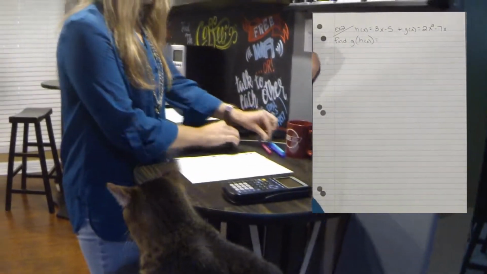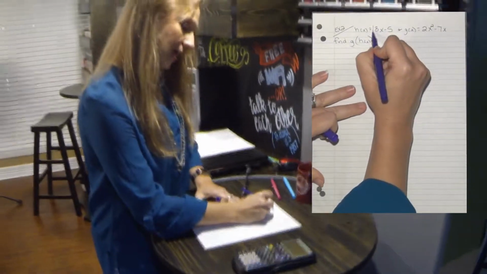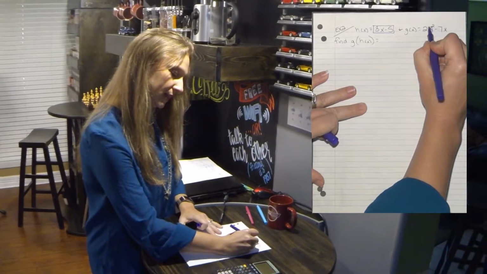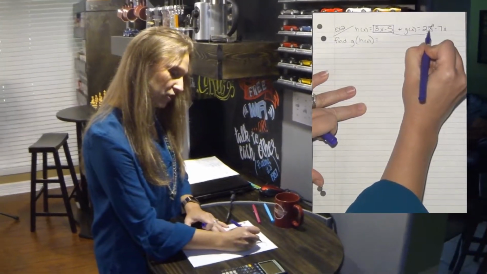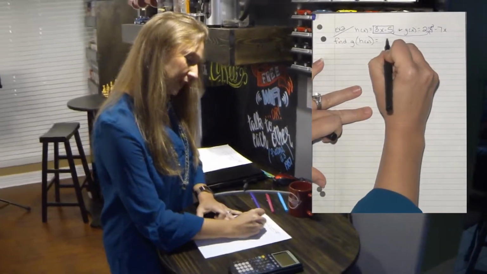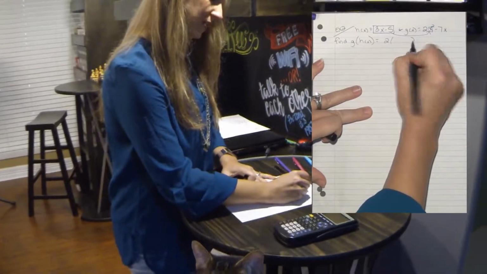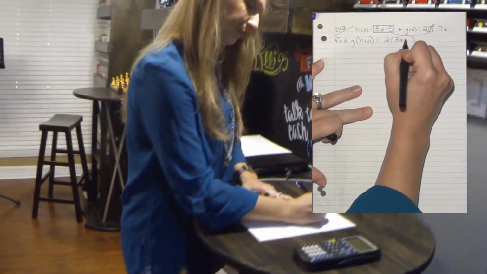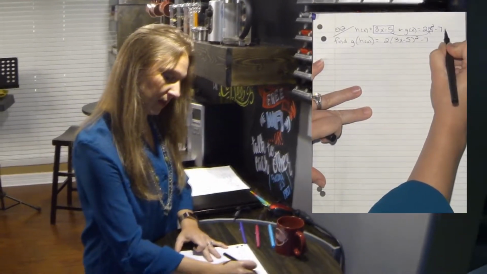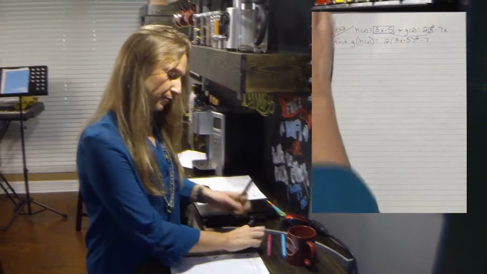So I'm going to plug in h of x, take this function, and I'm going to plug it into the g of x function in place of that x. So it will look like 2. Here's the x, so I'm going to put the parentheses in. Squared -7, and ooh, there's another x there.